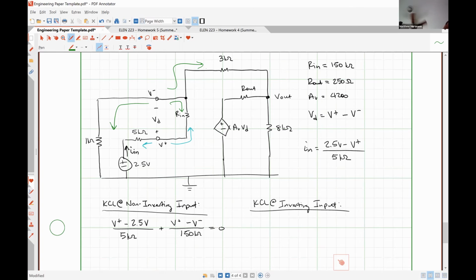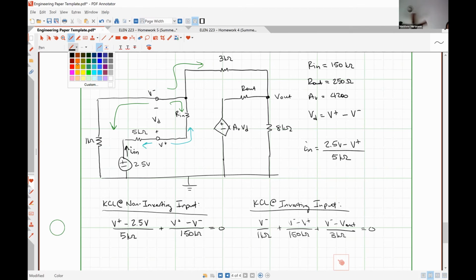So it's going to be V minus over 1 kilo ohm plus V minus minus V plus over 150 kilo ohms plus V minus minus V out divided by 3 kilo ohms equal to 0.